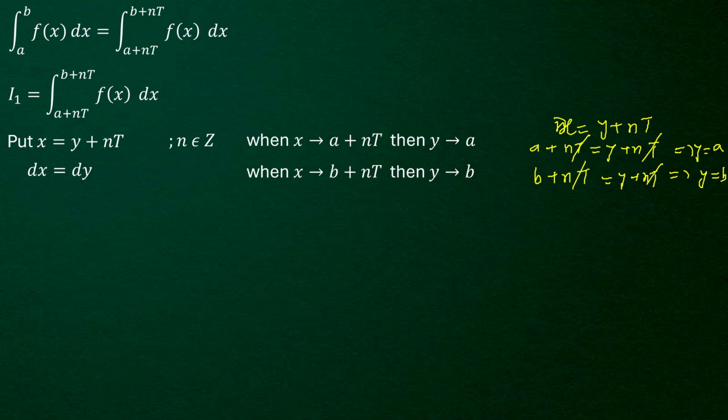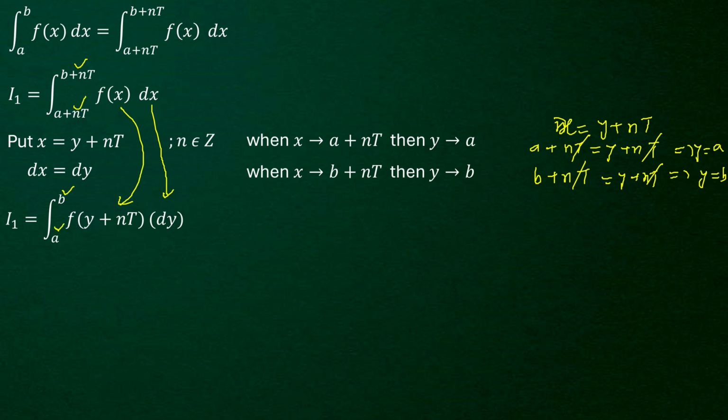So the integral I1 can now be written as I1 is equal to the integral from a to b of f of y plus nt dy. dx has been replaced by dy, x has been replaced by y plus nt, and the limits of integration have also been changed.